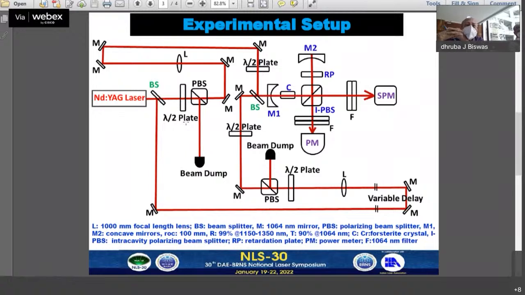This resonator cavity consists of mirrors M1 and M2. The spot size and polarization of both beams remain the same during the operation. We varied the delay of the control pulse and studied the effect. Next slide, please.